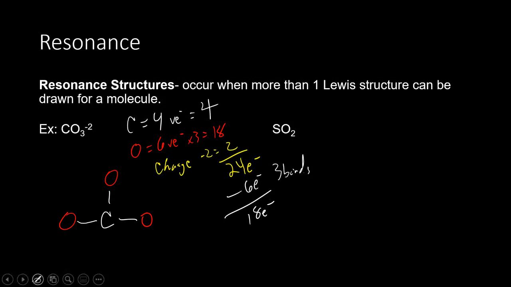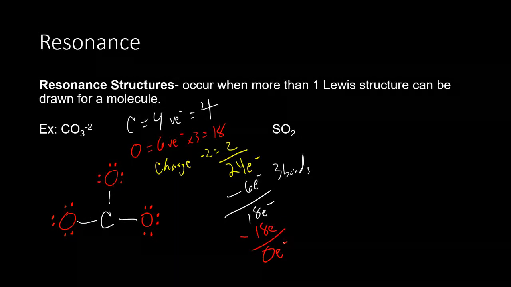We're going to finish the octets on the outer oxygens. Each of these needs 6 more to give it 8, because it already has 2 through the bond: 2, 4, 6, 8. That takes away my 18 electrons and leaves us 0.